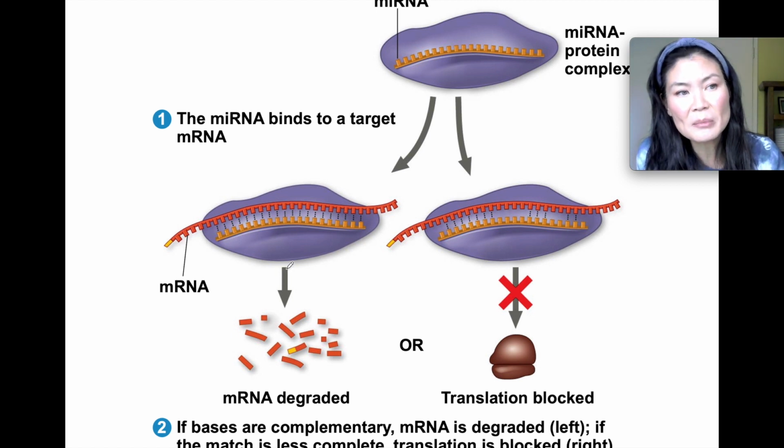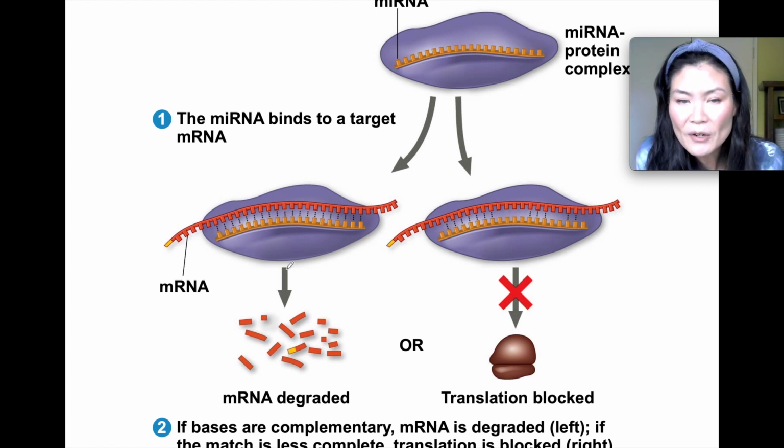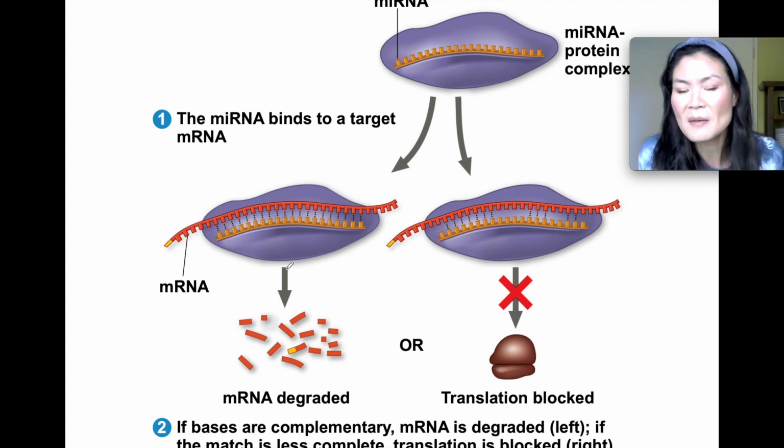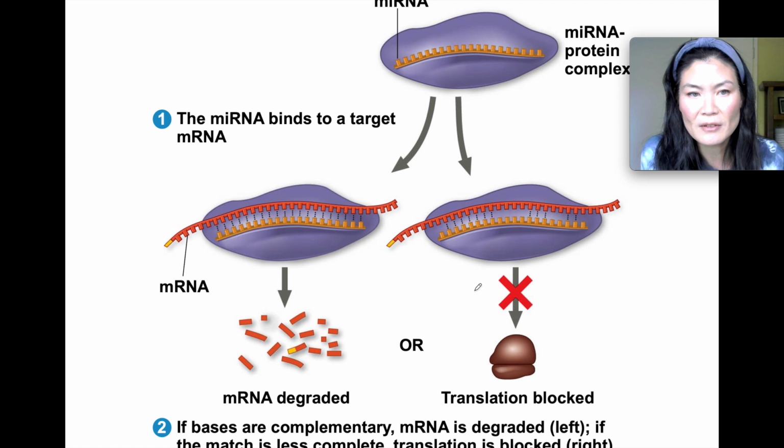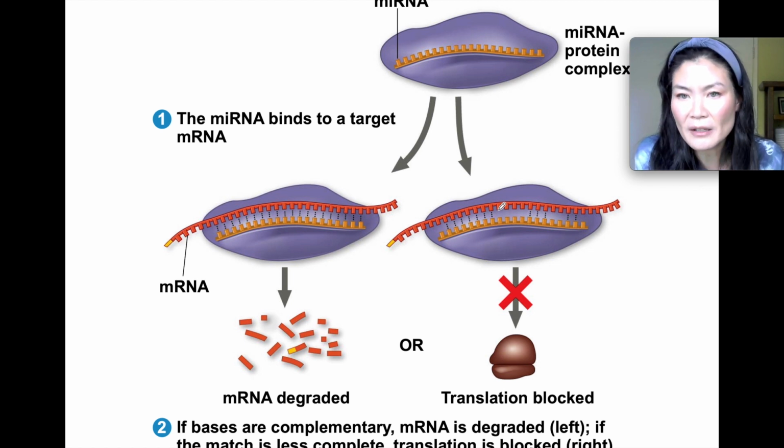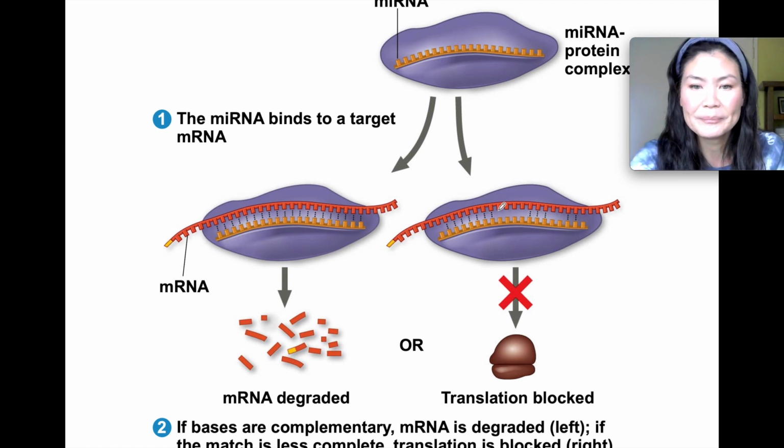Transcription has taken place, then you have the mRNA, and to prevent the protein from being made, you can get rid of the mRNA, or you can block the ribosome from translating the mRNA. So miRNA is a way for the gene to be turned off, not directly, but indirectly, by getting rid of the mRNA, or by preventing the ribosome from translating that mRNA.